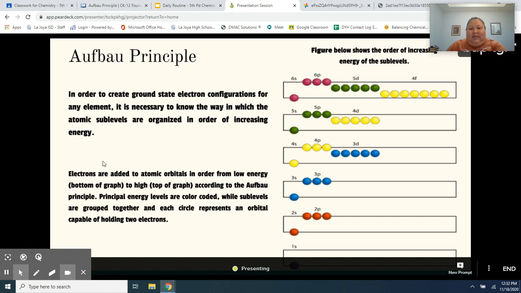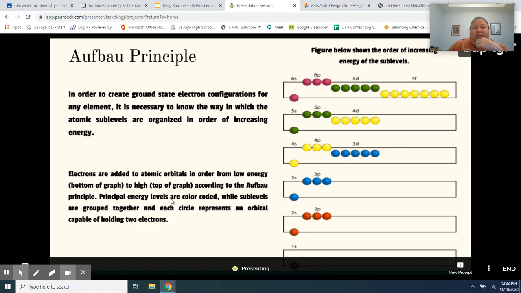All right, sorry. Okay, so as we're saying, Aufbau's principle says that electrons are always added to these atomic orbitals from low energy to high energy, and that's what you see here.